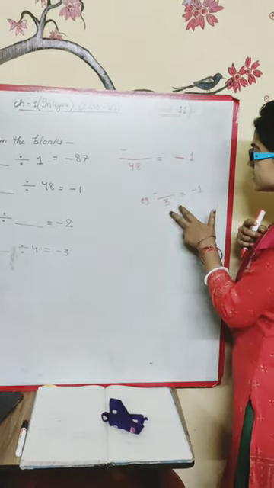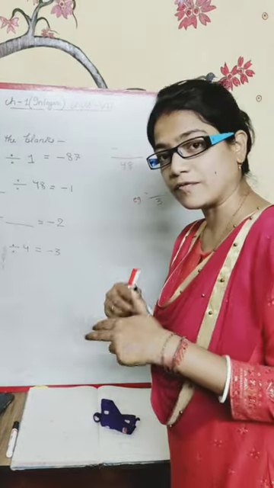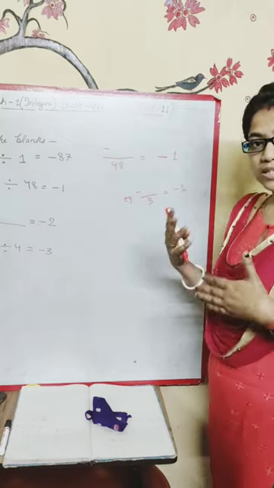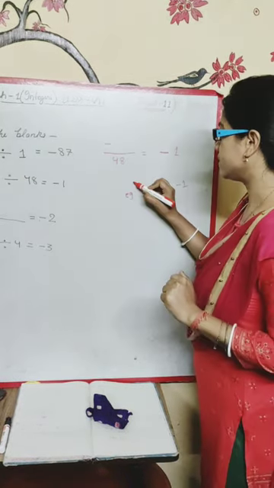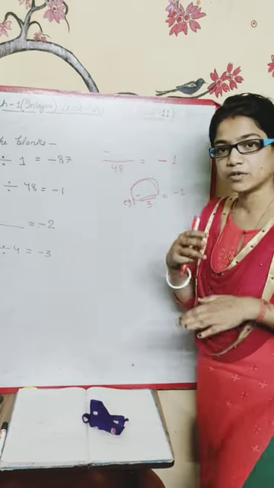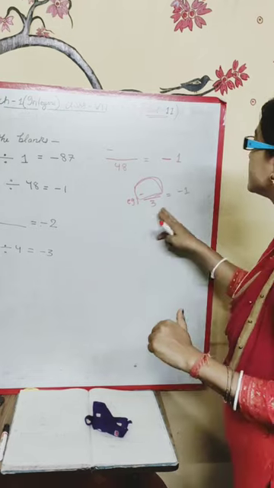We can't change the given part. Understood? We have to fill all the changes in the blank part only, and we can't change this given part.